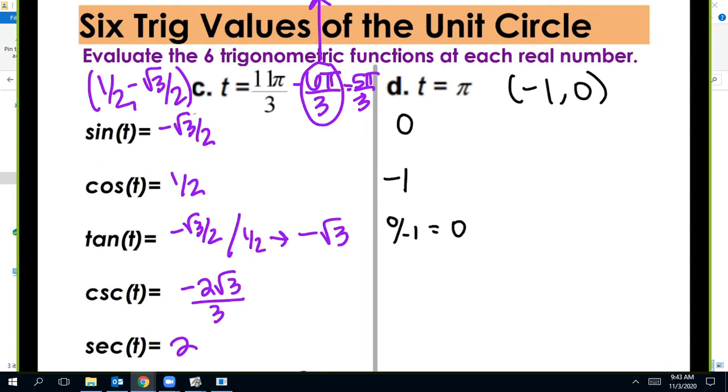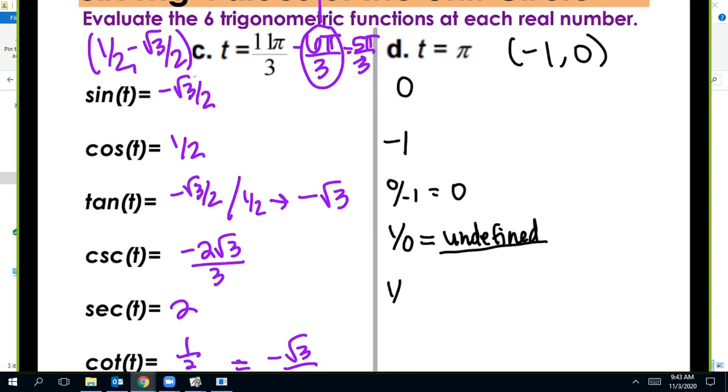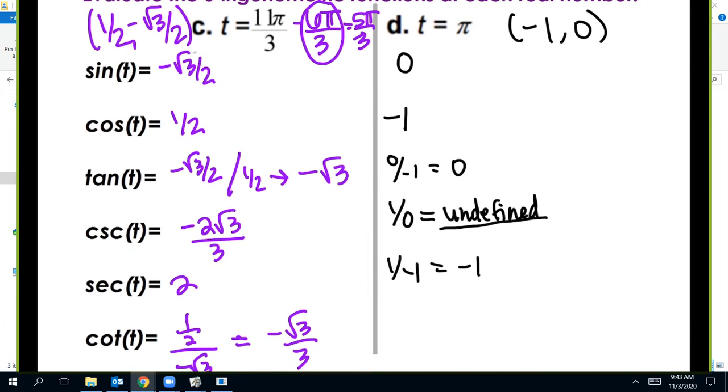Cosecant is 1 over sine, and you can't divide by 0, so that's undefined. Secant is 1 over x, so that's negative 1 still. And then cotan is x over y, and so that is undefined as well.